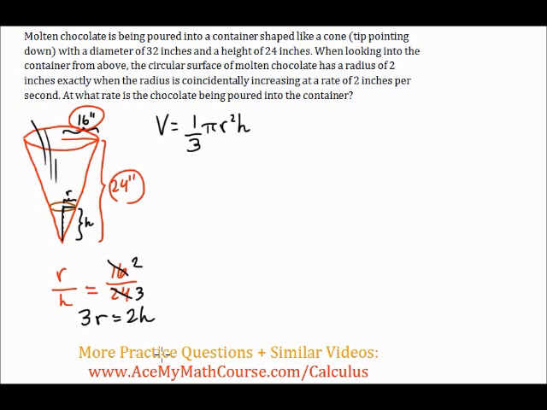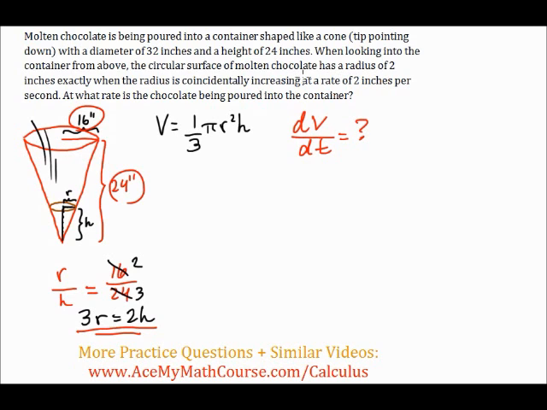Great. Now, what do we want to do? I'm going to leave this for now, by the way, and just take a look at what we're looking for here. We're looking at what rate the chocolate is being poured into the container. In other words, we're looking for the rate at which the volume is increasing. So dV/dt is what we're looking for. And what do we have?